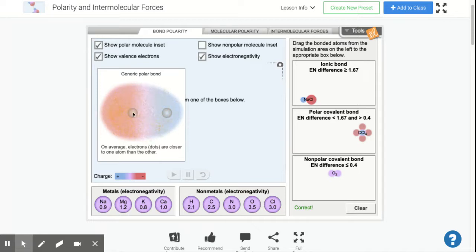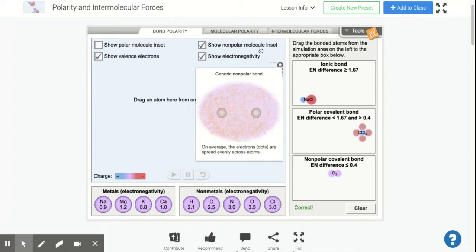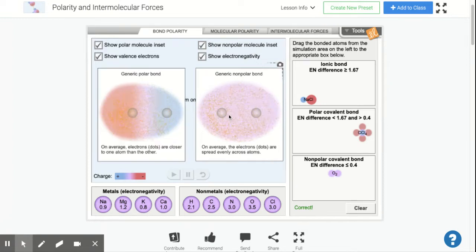So if you look at it, the left-hand side here has, I don't know if you'd call it access, but it has more pull on those electrons, so those electrons are more likely to be on that side of the compound rather than on the other side. So if we close that, this one's going to show you a nonpolar molecule where you can clearly see that they're equally sharing. So nonpolar, they're equally sharing. Polar, they are not equally sharing.